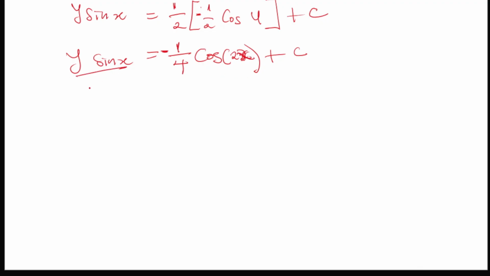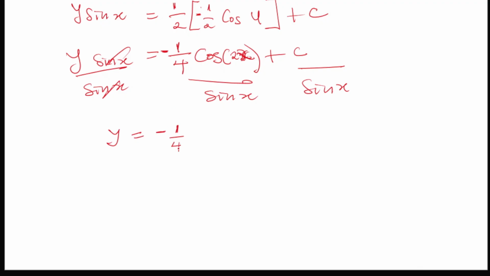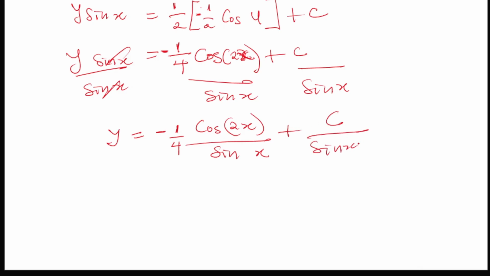So you are dividing here with sine x, you are dividing here with sine x, and you are also dividing this part of your equation with sine x, such that you'll be left with y equal to minus 1 over 4 cos 2x divided by sine x plus c divided by sine x.